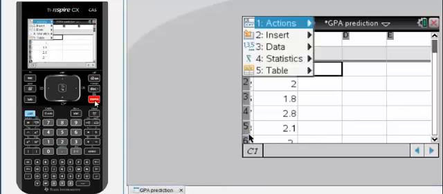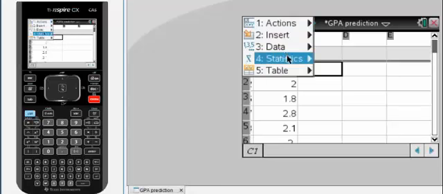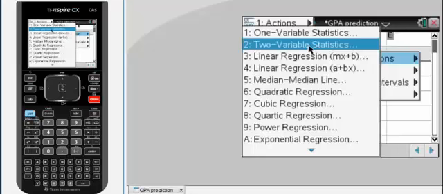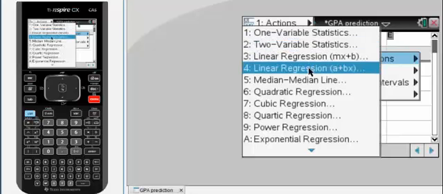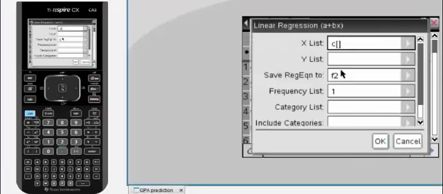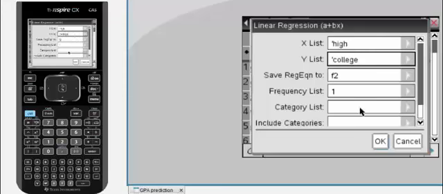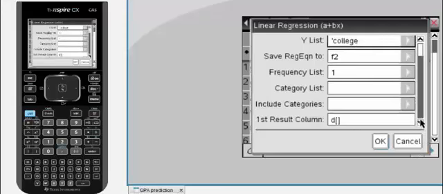If I go to Menu, Statistics, Stat Calculations, I'm not actually going to get my two variable statistics. I'm going to get my linear regression statistics in this a plus bx form. My x is my high school GPA. My y is my college GPA, because I'm trying to predict what's going to happen in college. My results will be in column D.